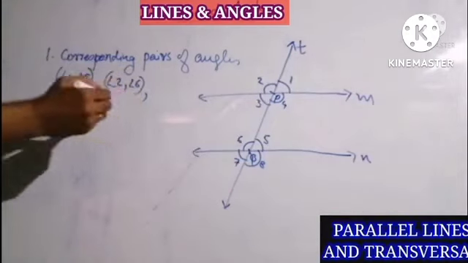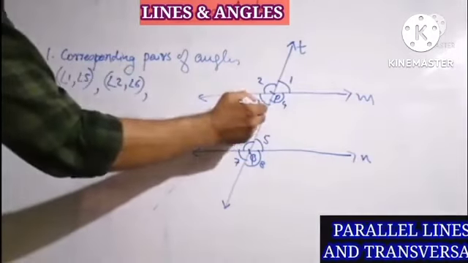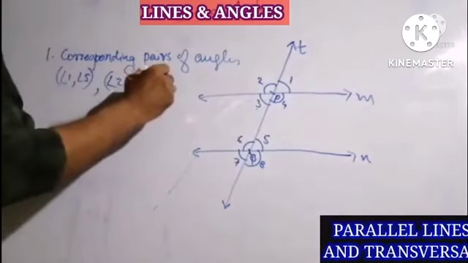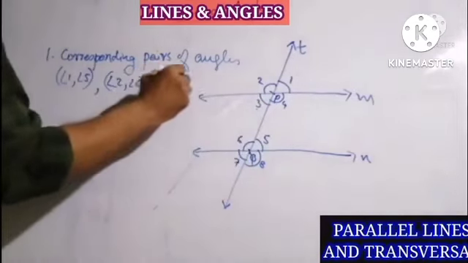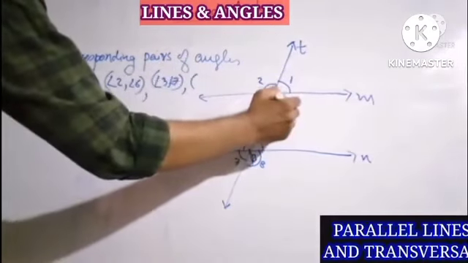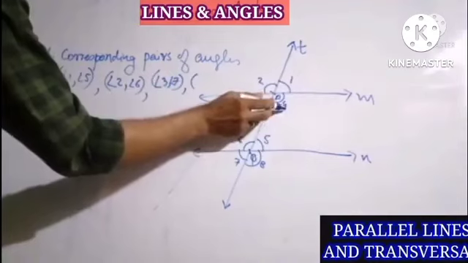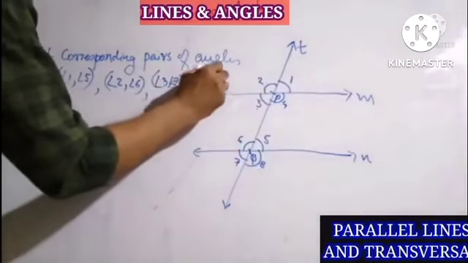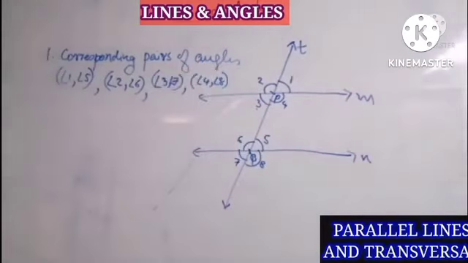Second pair. Third pair: consider 3. Here, we have to go with 7. Angle 3, angle 7. One more pair is there: angle 4. The angle corresponding to this 4 is 8. Angle 4, angle 8.